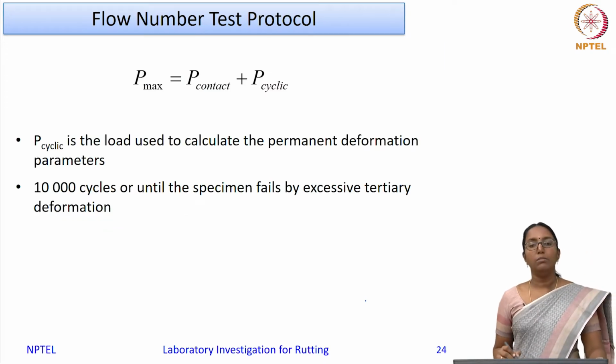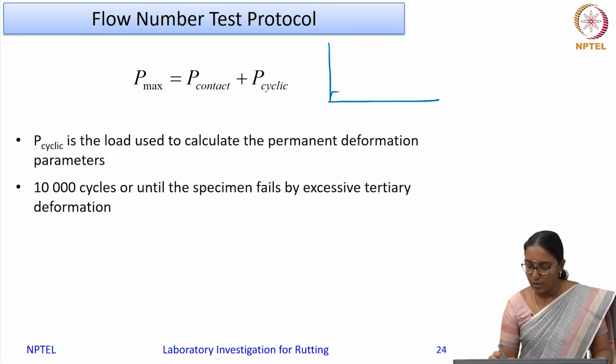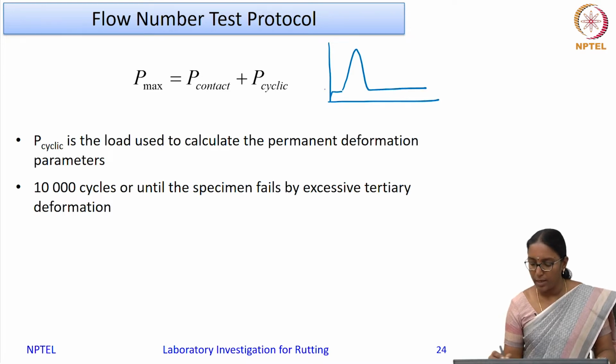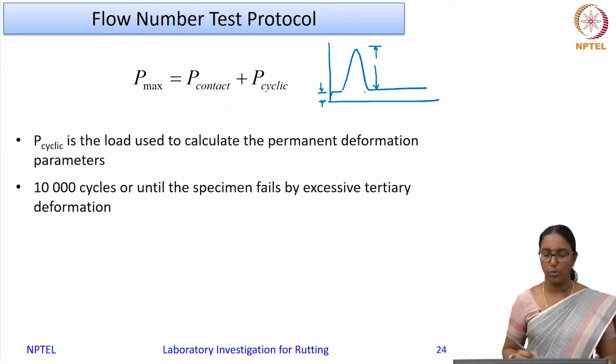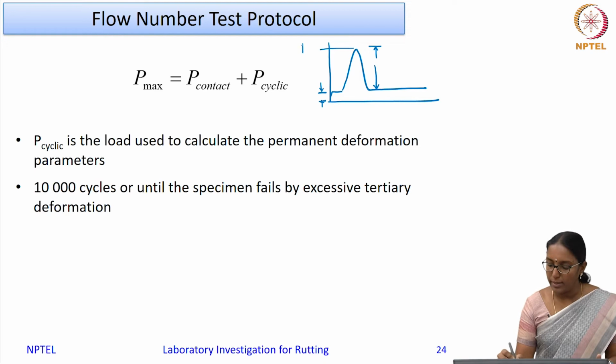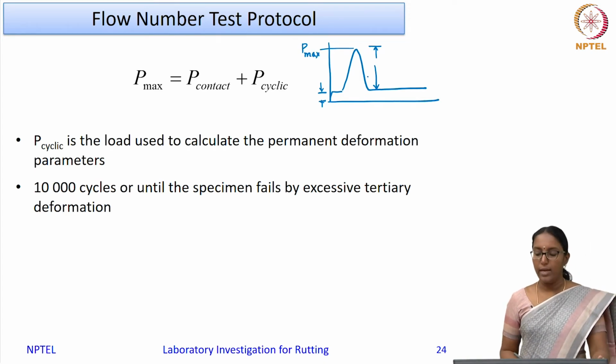The maximum load that you are applying is, as I have shown here, you have a contact load, then you have a cyclic load, or deviatoric load. The maximum load here is the sum of the contact load and the cyclic load.